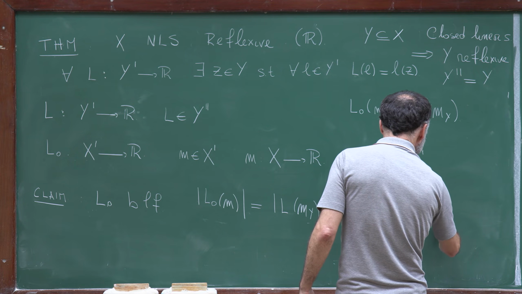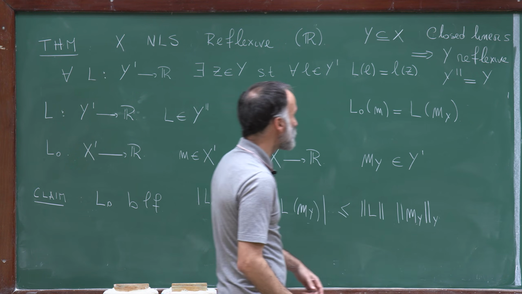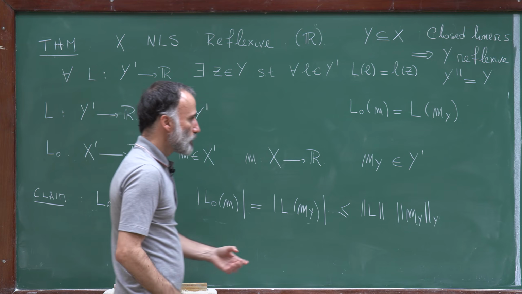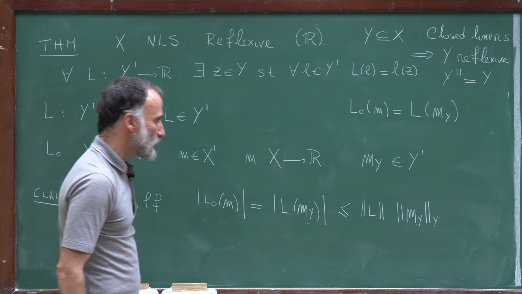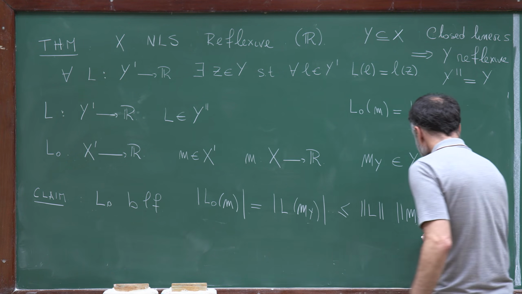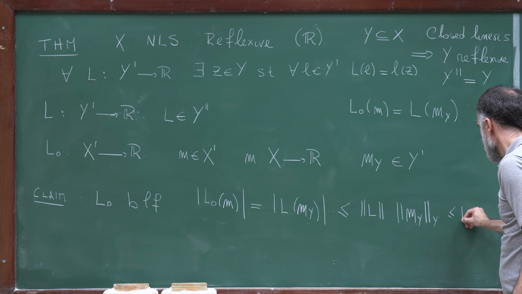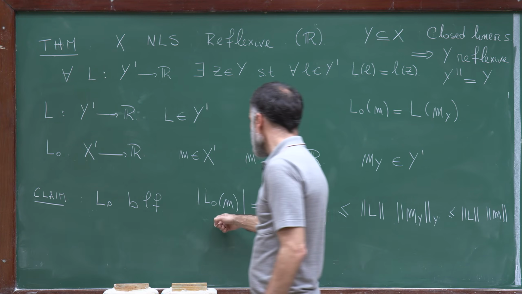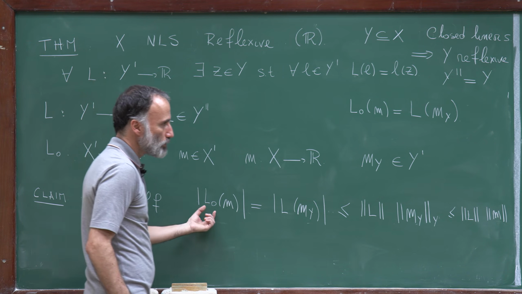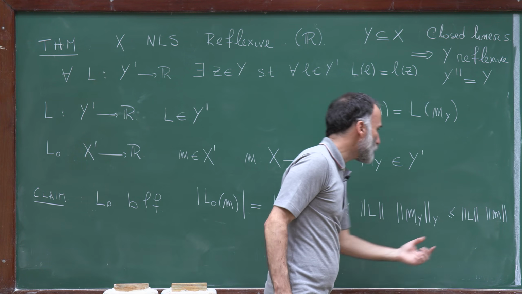And here, just to remember that m_Y is a linear function defined on Y, so this is the norm in Y. And we have seen that this norm is bounded by the norm of m. And from that, we get that the norm of L0 is bounded by the norm of L.